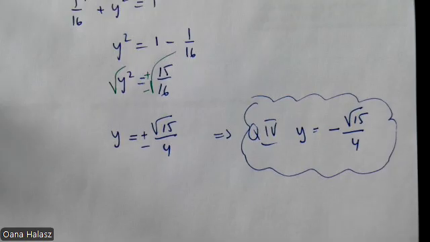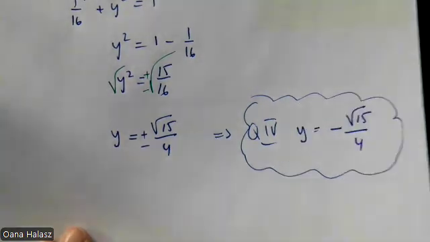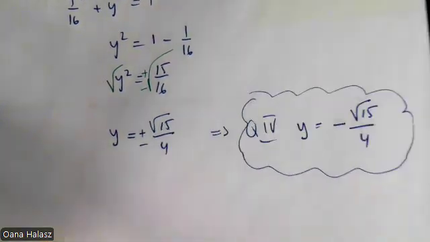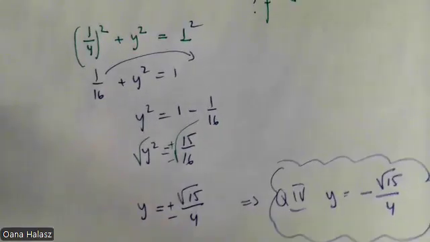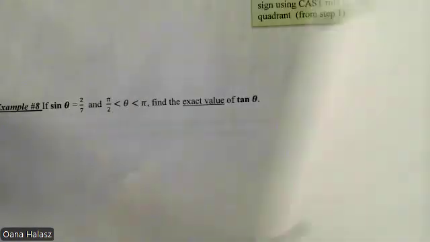Okay, so these are the questions with points on the unit circle. Either you get to prove that a given point is on a unit circle, or you get to find a missing y.